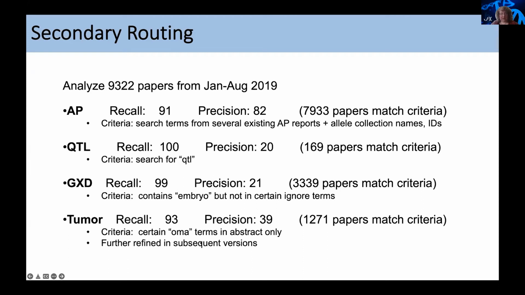This was further refined in subsequent versions of the secondary routing. And as data changes, as new technologies come along, we can change these criteria quite easily to accommodate those and improve our secondary routing.